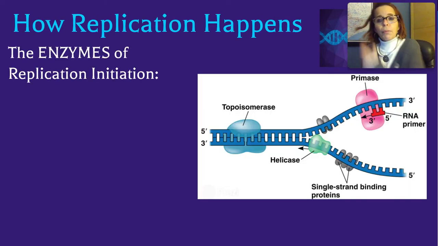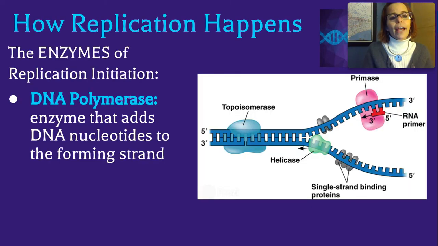There are some important enzymes that you need to know that have to do with replication initiation. The first one that I'm mentioning is arguably the most important of the enzymes in replication, and it's not in this diagram yet. DNA polymerase. I think in eukaryotic cells there are like 15 DNA polymerases, that's an approximate, and in the prokaryotes there are like 5 different types.